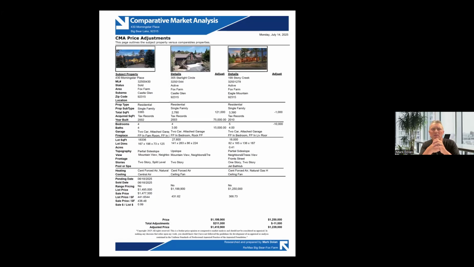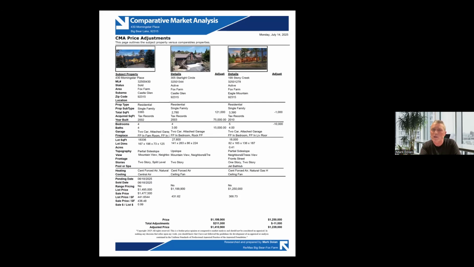So let me tell you about this home here on Starlight Circle. This one's on the upslope. You've got level entry there, so that's a little bit easier access. Longer driveway, it's smaller, so we're going to make some adjustments for square footage. It is built a year after yours. It's a little bit newer, but it hasn't been remodeled. In fact, it's a little bit worn.